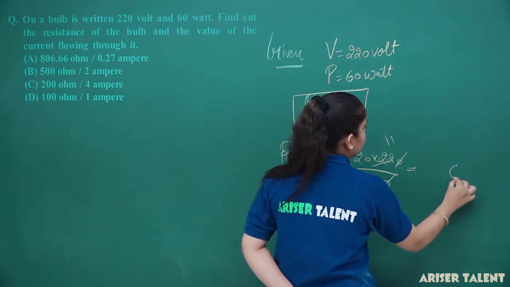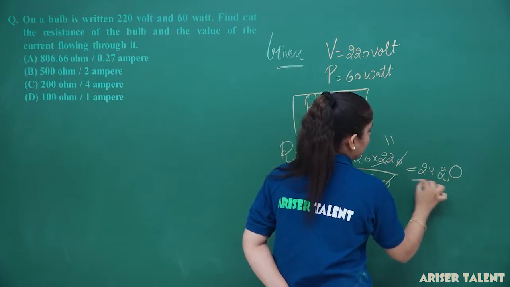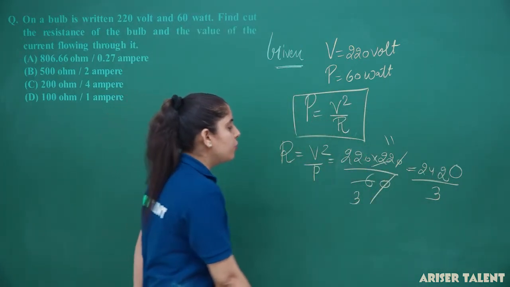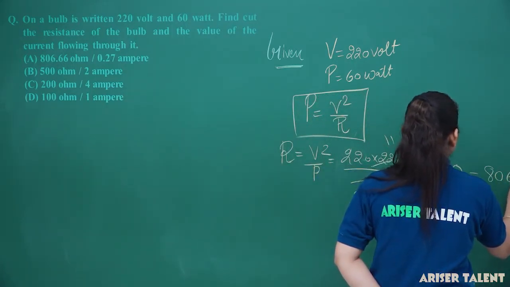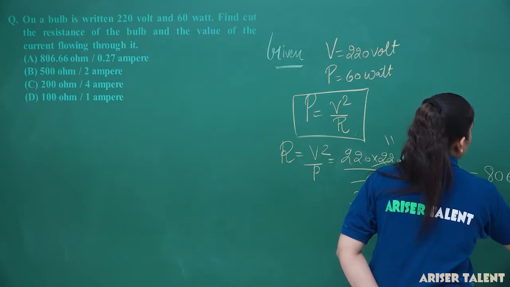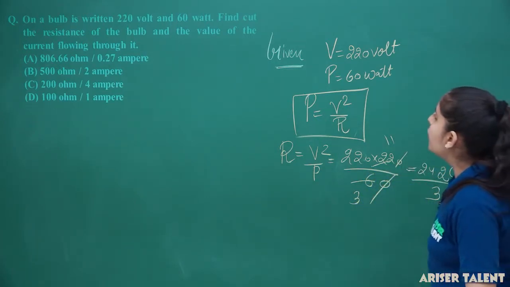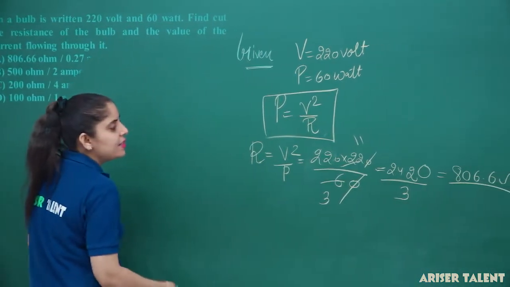So it came out to be 2420 upon 3. On solving this, what I am getting here is 806.6 ohm. So this is the value of resistance I am getting here. So this is the value of cutoff resistance here, and you have also to determine the current in the circuit.